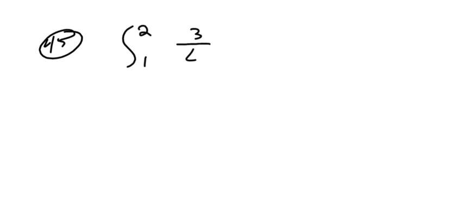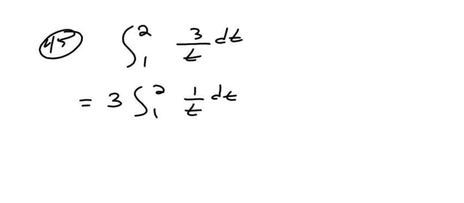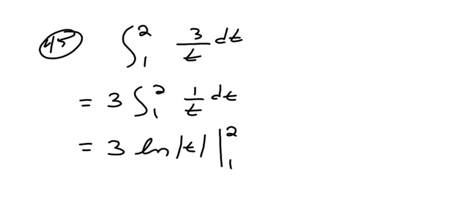Let's do another problem. 45. If I'm given the integral from 1 to 2 of 3 over t dt, the constant rule says I can pull that multiple out, and I have from 1 to 2 of 1 over t dt, and now if I take the antiderivative of it, it's 3 times ln of t evaluated from 1 to 2.